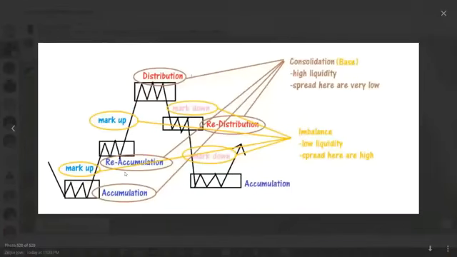Reaccumulation. Let's look at this feature. Reaccumulation, structure break. No, you will not sell here. Even though structure breaks here, you will not sell. You will only sell up here. If you sell here, you will hit your stop loss.